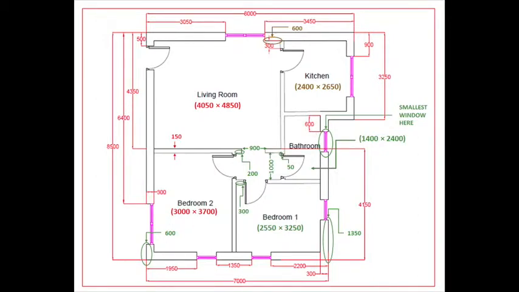I also assume the length of the wall here is 600 and the length of the wall here is 13,500. From that I can derive the size of the bedroom and the size of the bathroom.